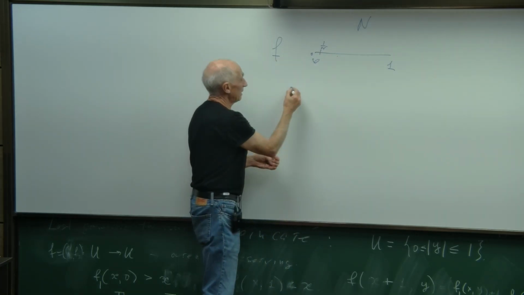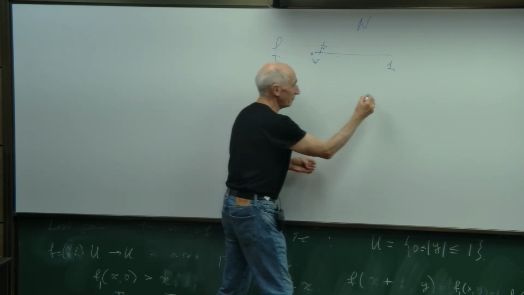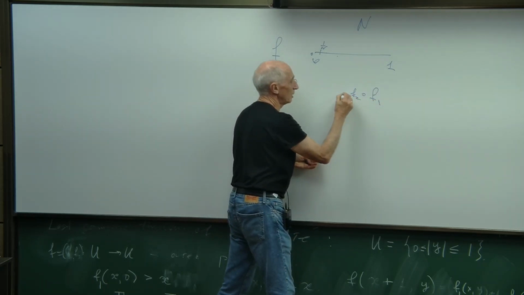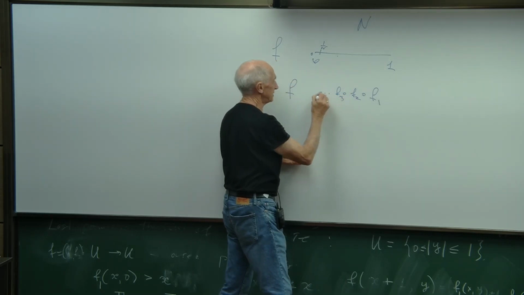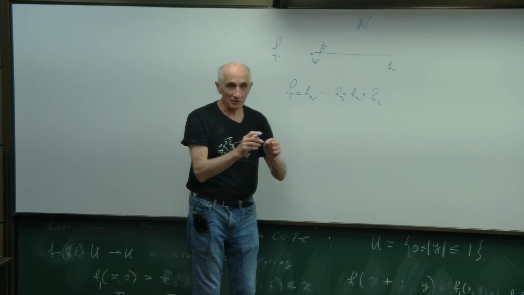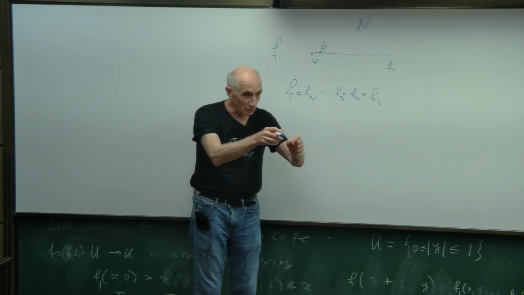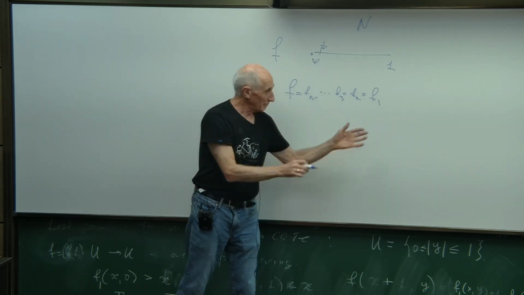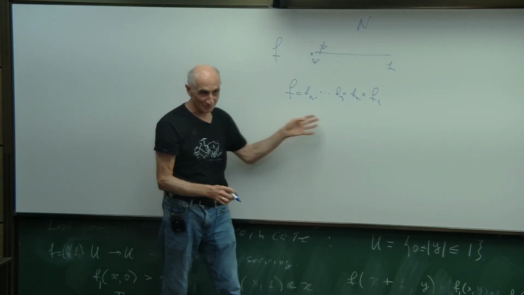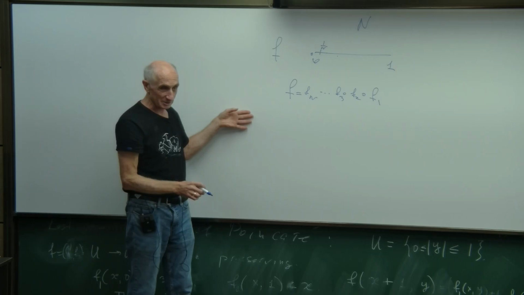So you can present this f as a composition f1, f2, f3, and so on up to fn. Each of these is a small Hamiltonian deformation, but the composition of them is already not small at all.